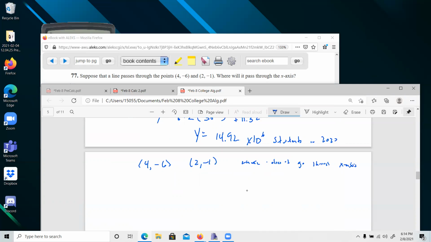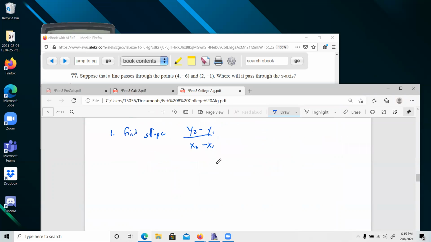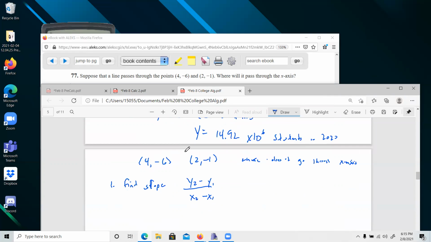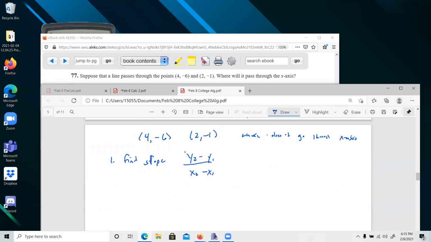Again, we're going to find the slope: y2 minus y1 over x2 minus x1. Chances are you should know that formula. The easiest way to memorize a formula is to write it down every time you use it.